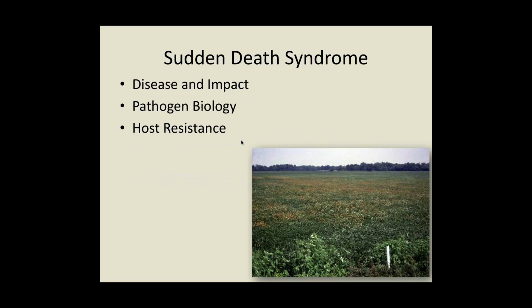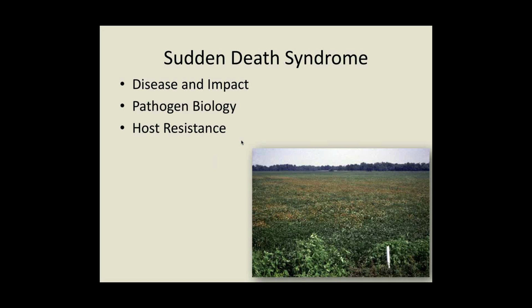A very close component to managing cyst nematode is sudden death syndrome. The two organisms that cause both SDS and the soybean cyst nematode interact. They're in the same environment. And in fact, you can even isolate the pathogen that causes sudden death syndrome from the cyst of soybean cyst nematodes.